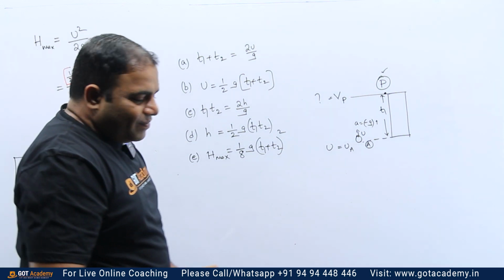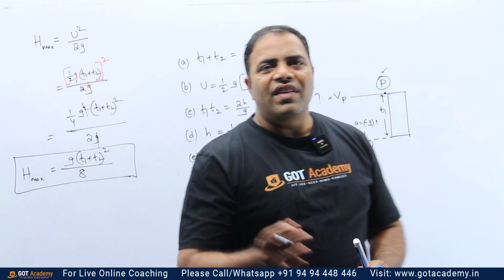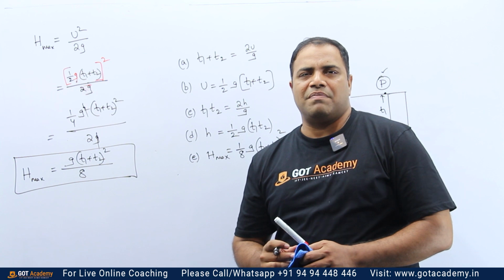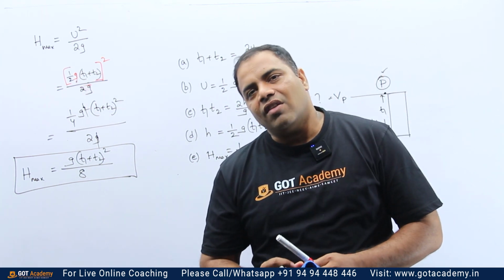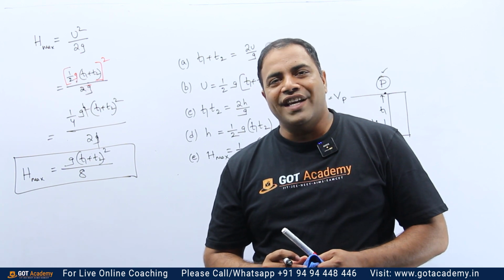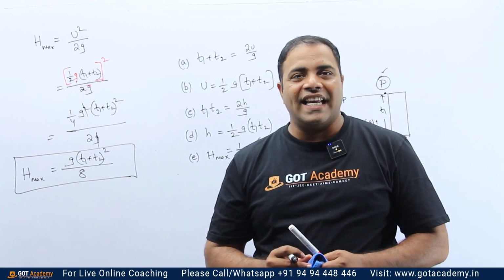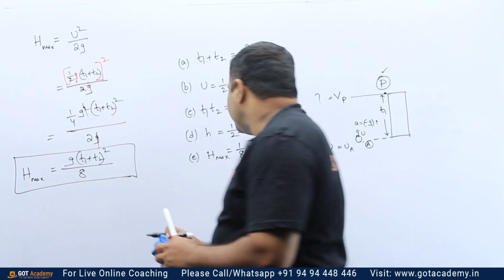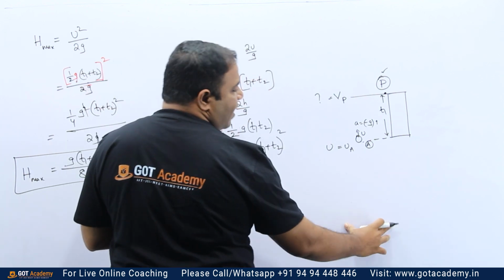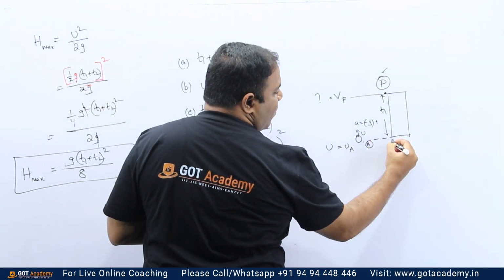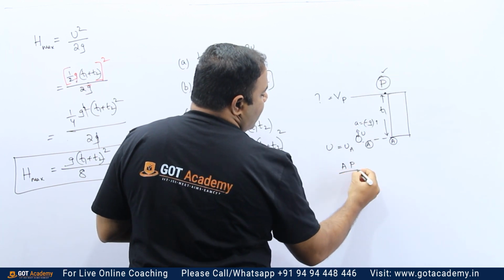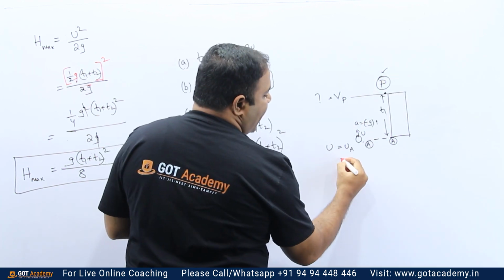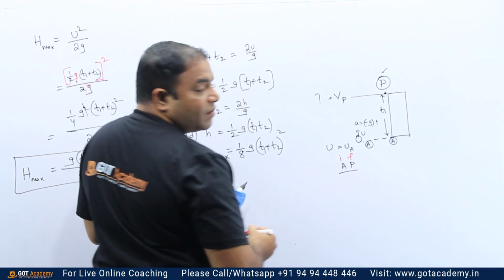How to find out this? Again, we have to come back to the basic formulas. In the kinematic equations, we are having 4 different equations. Say that first equation: v is equal to u plus at. Wait, here I'll write. My dear children, my journey is from this point A to point P. So I should write this point A as initial, P as final.